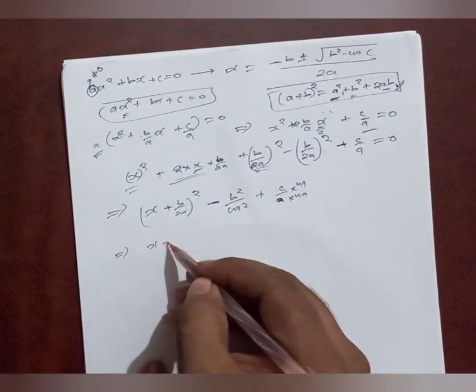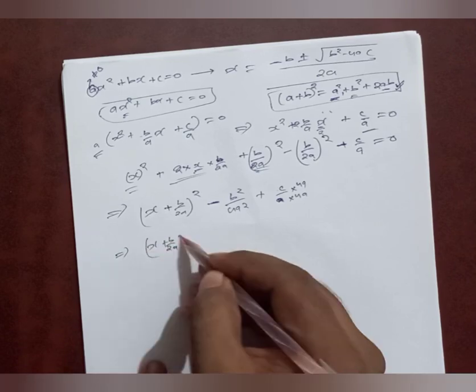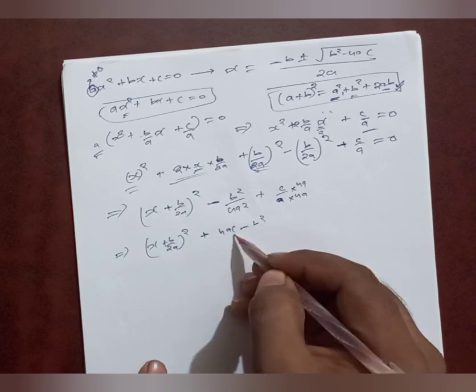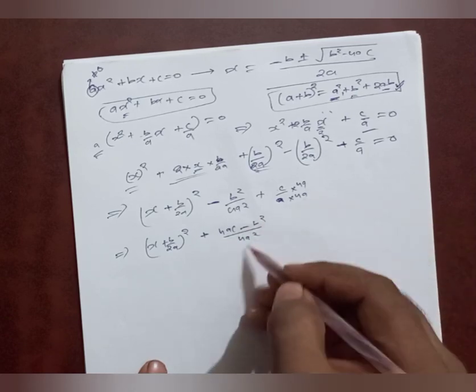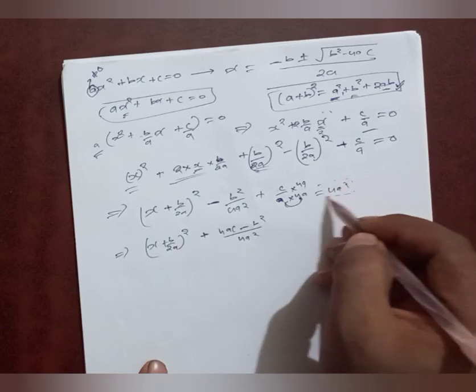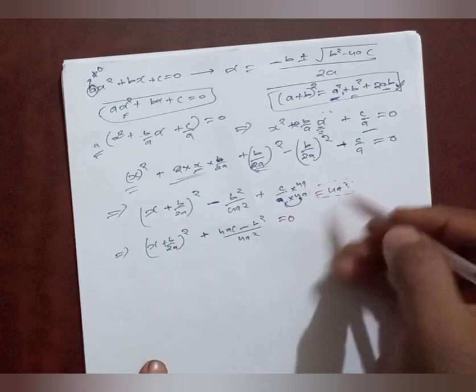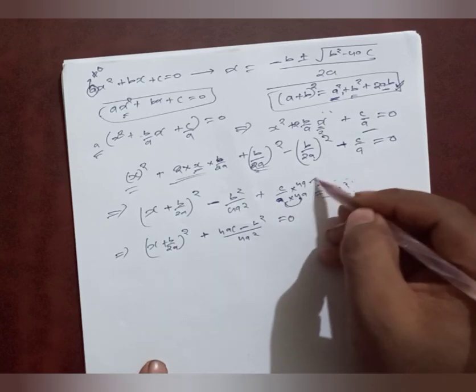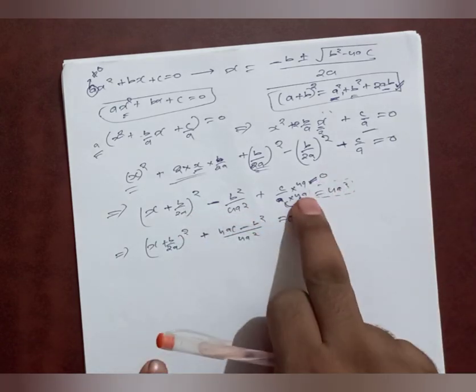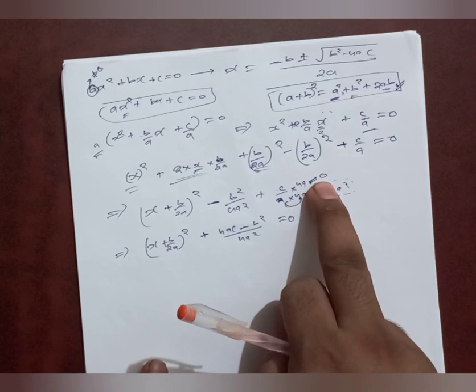So I will get 4ac minus b square. When we take this LCM, that is a into 4a, it is nothing but 4a square, is equal to 0. This is also equal to 0 because we must put x, this equal to 0.